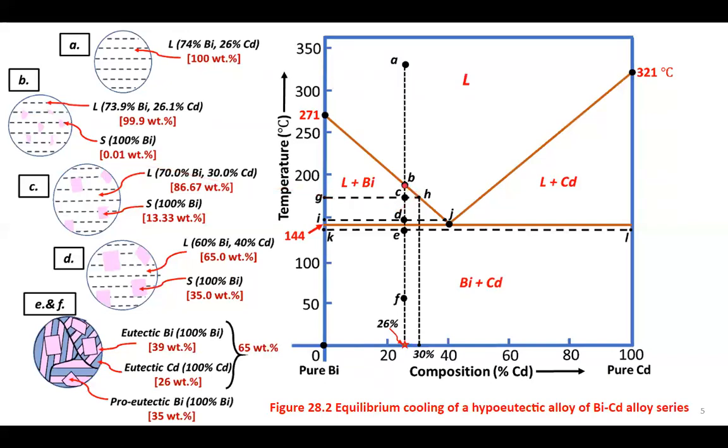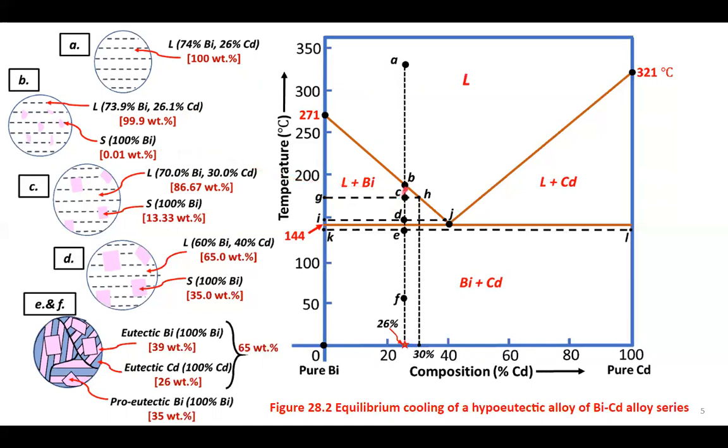And the chemical composition of the liquid would have slightly shifted from this 26% and would have become about 26.01 or 26.1% cadmium. So the same has been written for the liquid phase. Now it is of about 26.1% cadmium. The composition had to change because now a newer phase has come out of it.